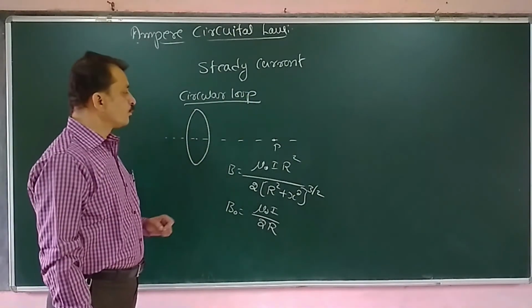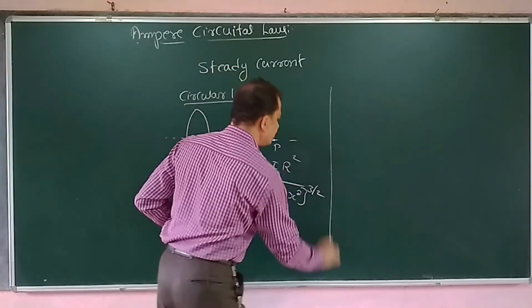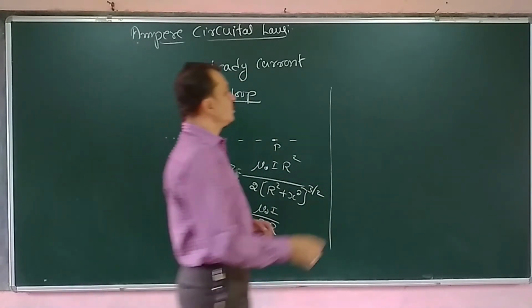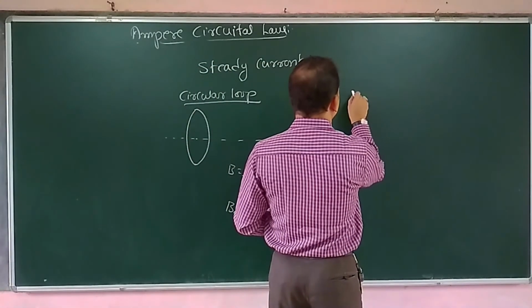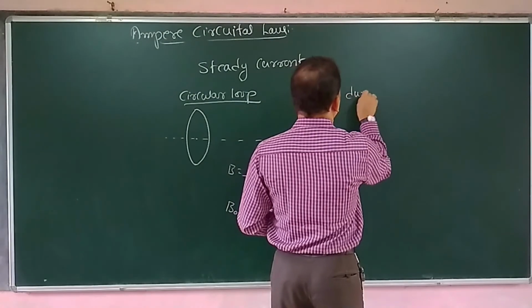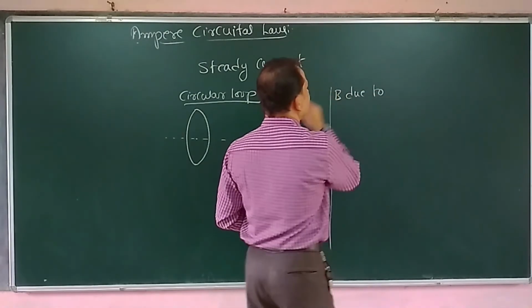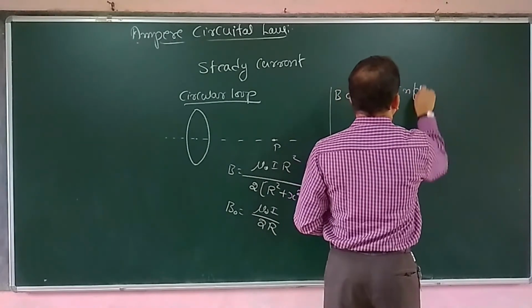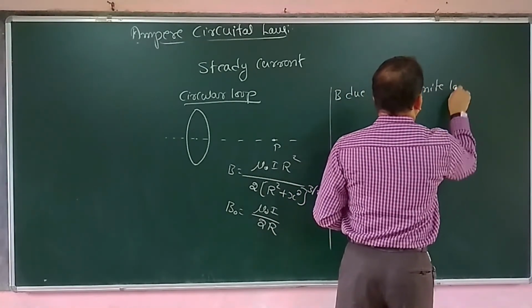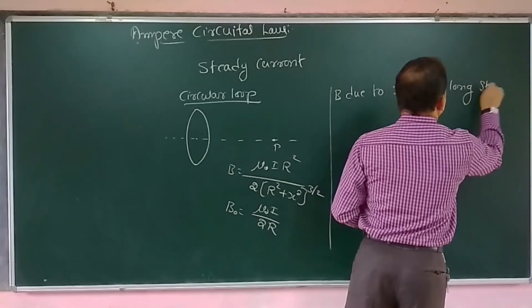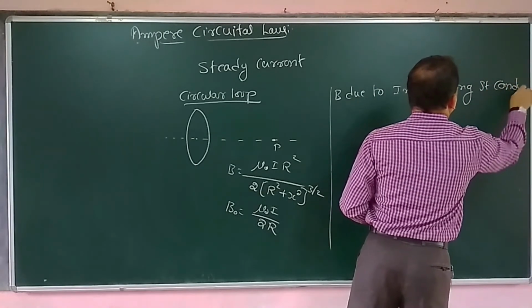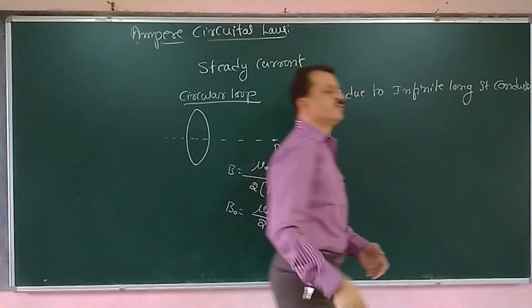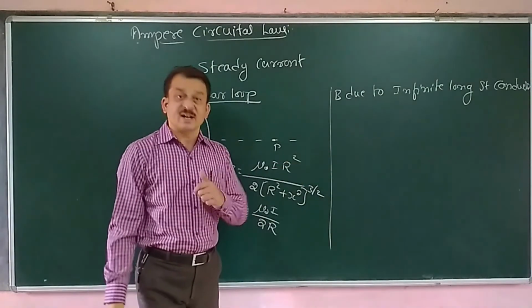Circular current loop. In the same way, we have derived the expression for magnetic field due to an infinitely long straight conductor or wire.